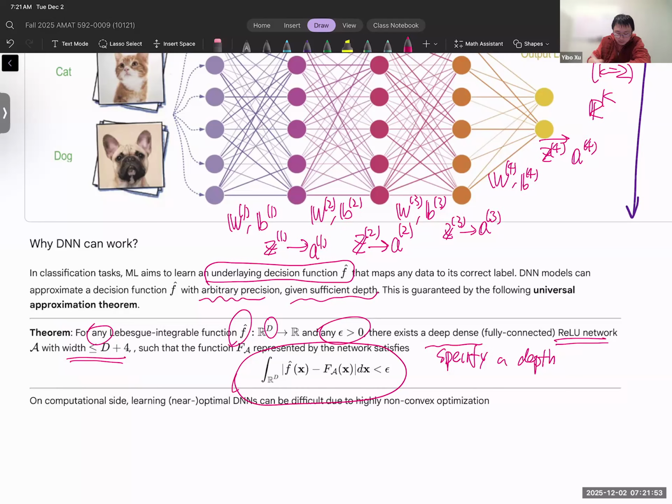The integral of the residual here is less than epsilon. That tells you it can be super accurate. But here, of course, the hidden parameter is the depth, which could be large.